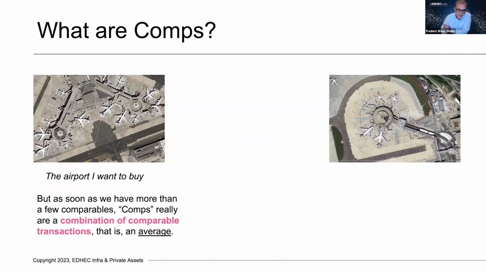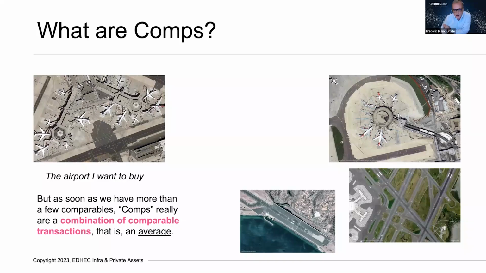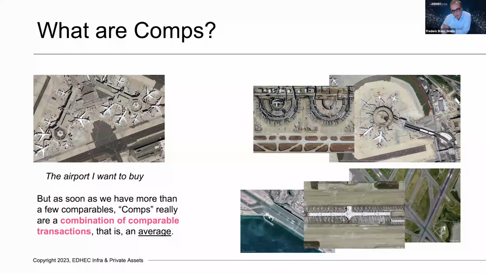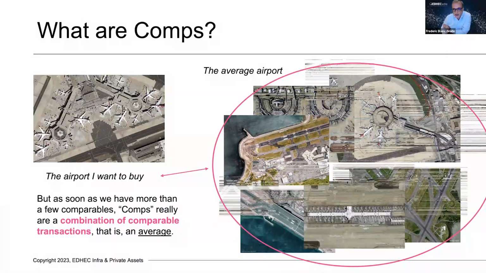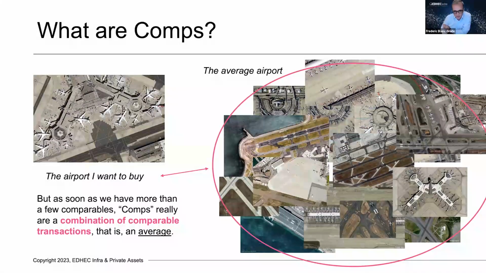You're comparing one asset with a combination of other assets, ideally as many airports and as much information as you can get your hands on. To get a view of the average airport, or the average type of airport that you want to invest in, you need a whole lot of data and even more data. The more data you have, as long as it's about the same kind of investment, the happier you are. So in the end, you're looking at an average. This is quite an important point because it means that building comps is really about the law of averages, and we'll come back to that: how to pick the right average.